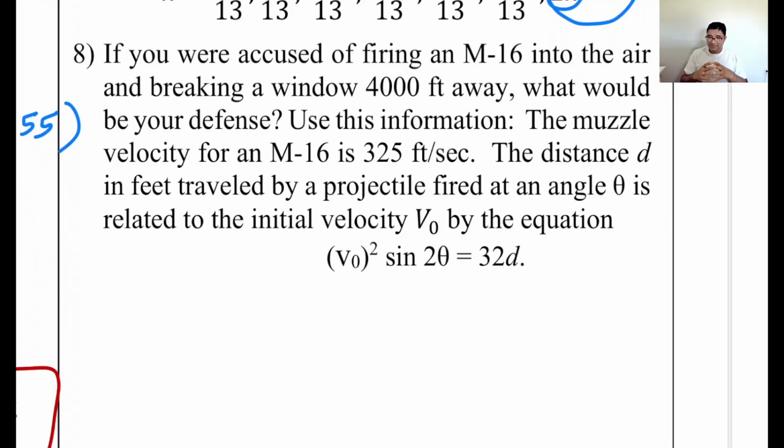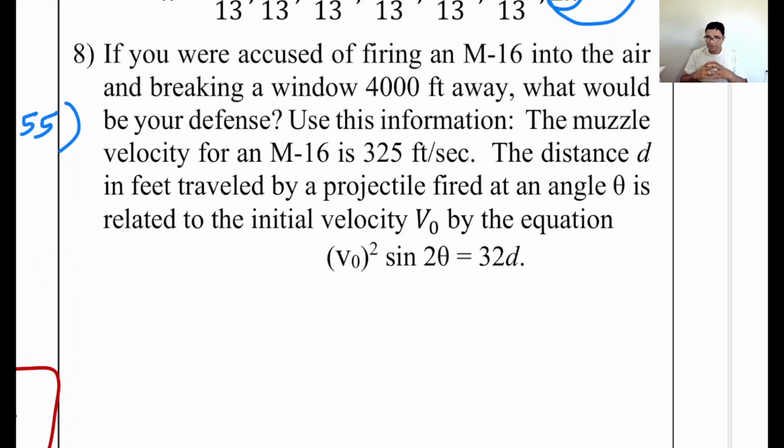The velocity of that bullet fired from an M16 is given there. The distance in feet traveled by the projectile fired at angle theta is given by this formula. So let us see if we can fire an M16 from 4,000 feet away and break the window.